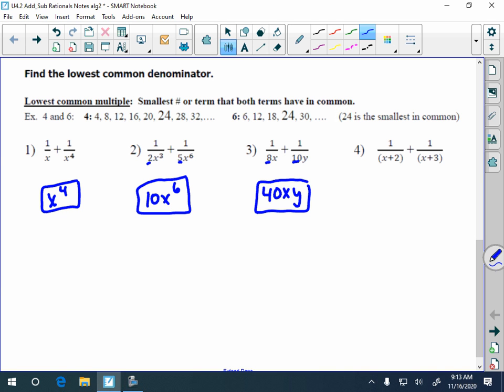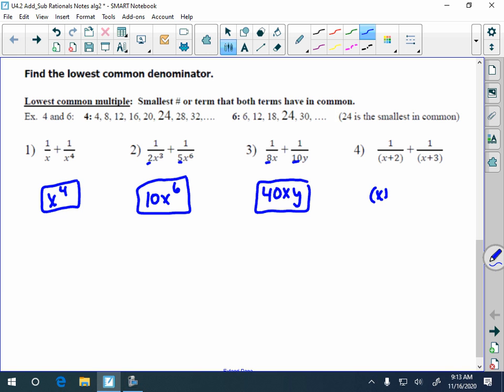All right, number 4, we have binomial terms this time. When you have binomial terms, you have to see whether they are the same binomial, exactly the same number and same sign, or whether anything is different. On number 4, we have x plus 2 and x plus 3. Those are different binomials. One's a plus 2 and the other is a plus 3, so they're not the same. Since they're not the same, you have to take both of them.